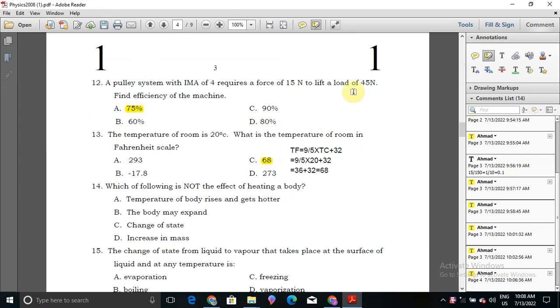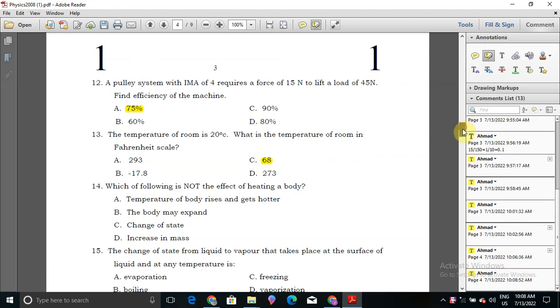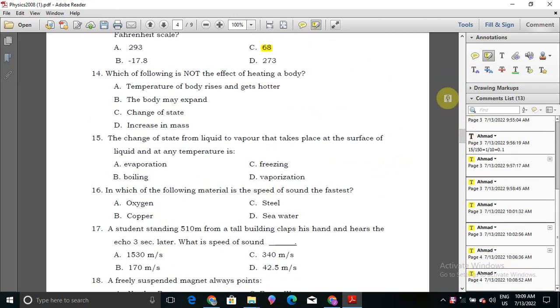Now in question number 14, it says which of the following is not the effect of heating a body? Temperature of body rises and gets hotter, or the body may expand, or it may change state, or increase in mass. First, temperature of body rises and gets hotter.